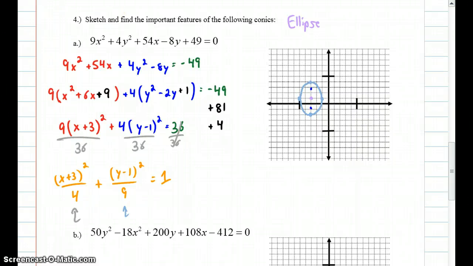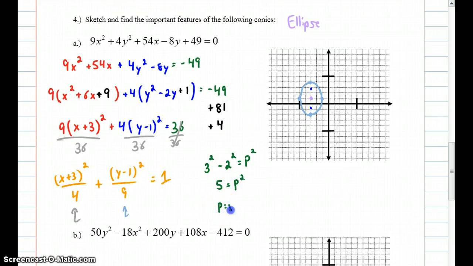So I'm going to figure it out by saying, well, it's the semi-major radius, 3 squared, minus the semi-minor radius, 2 squared, equals the distance to the focus squared. 3 squared is 9, minus 2 squared is 4, 9 minus 4 is 5, equals p squared.